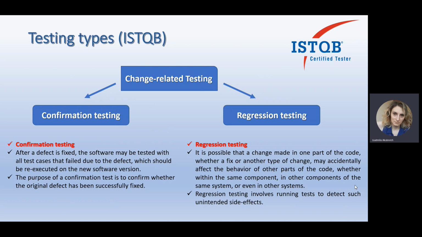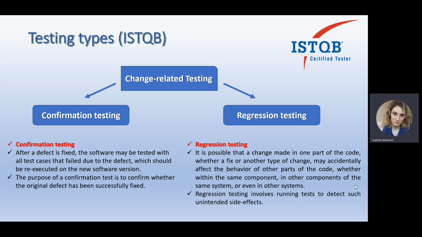So regression actually involves running tests to detect side effects of this new implementation. So the area of test cases, if I can say it like that, is a larger one. Confirmation testing just passes one test case and checks that the defect was fixed.